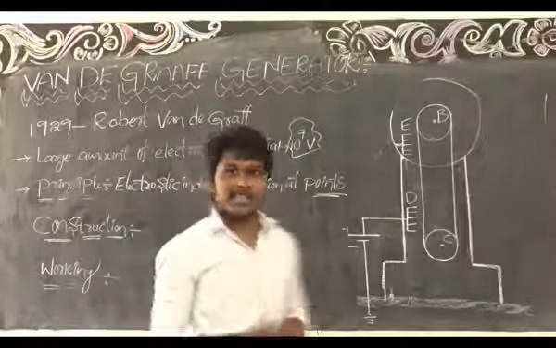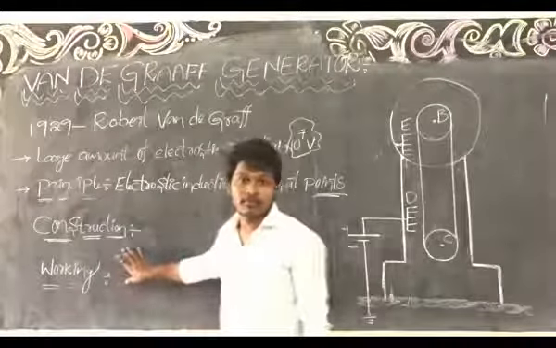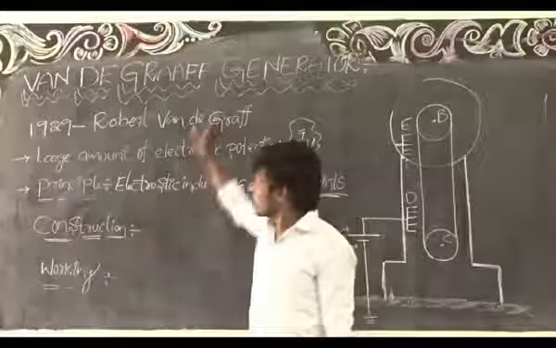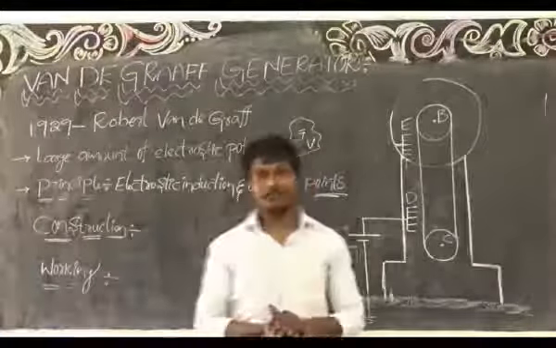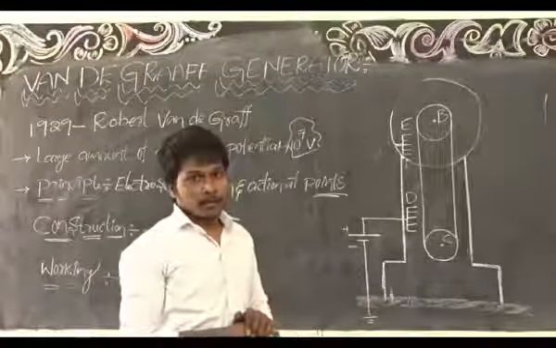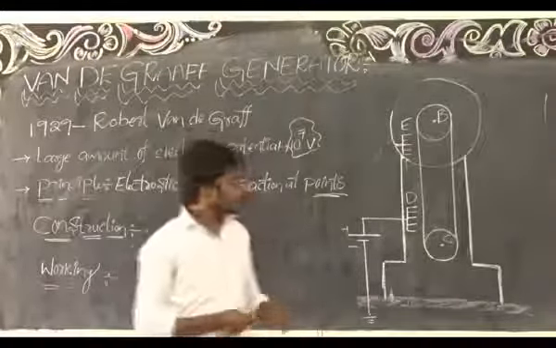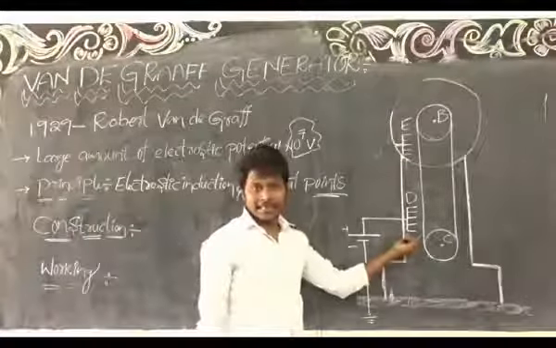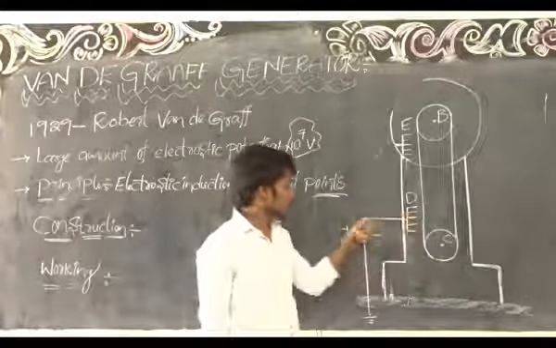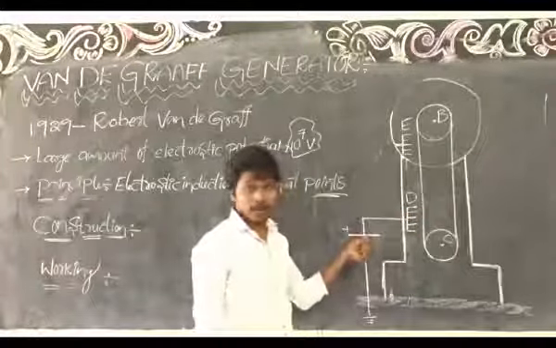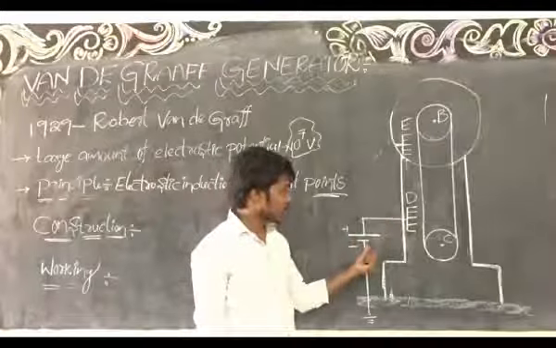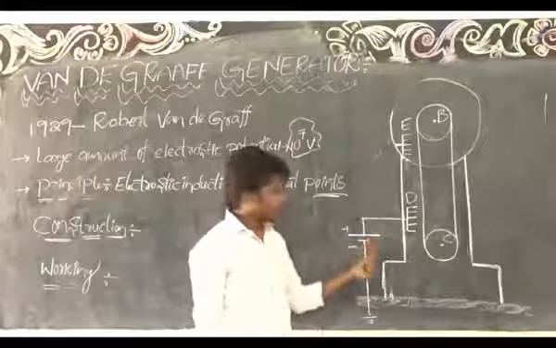Now we can discuss the working of the Van de Graaff generator. The conductor D is connected to the positive terminal of the battery.